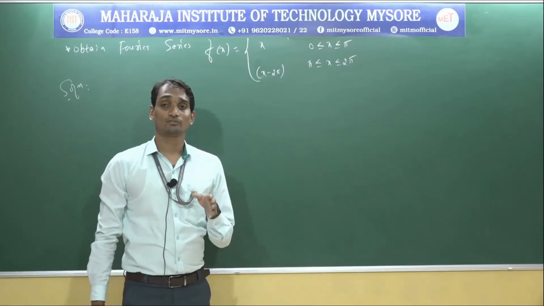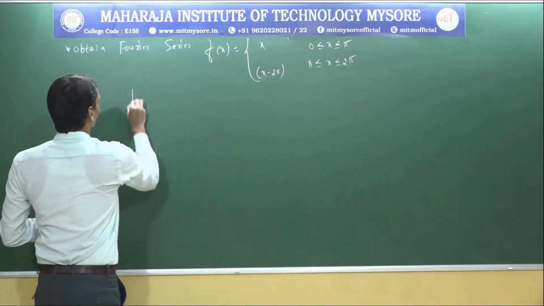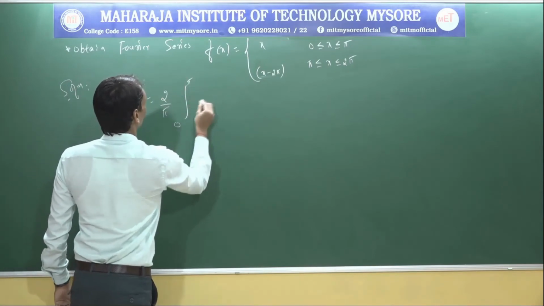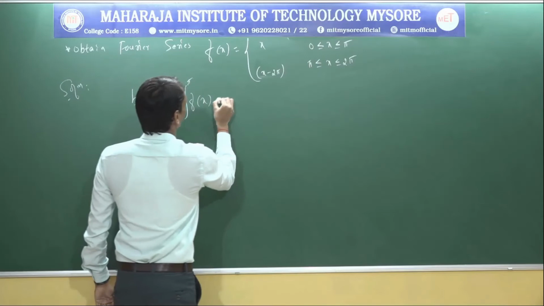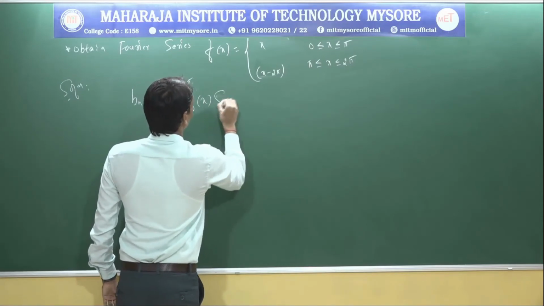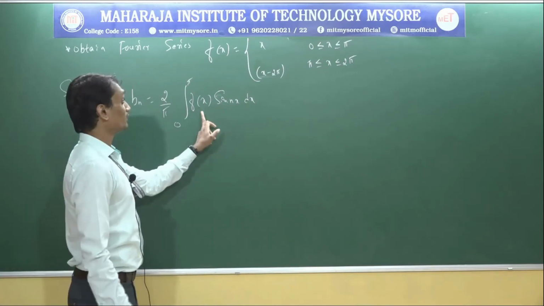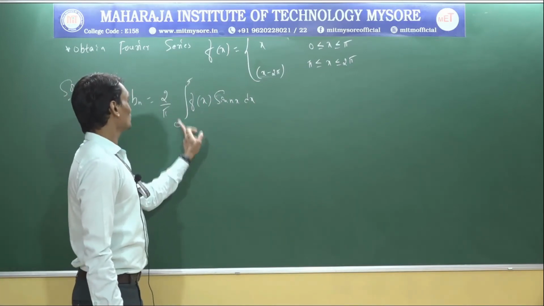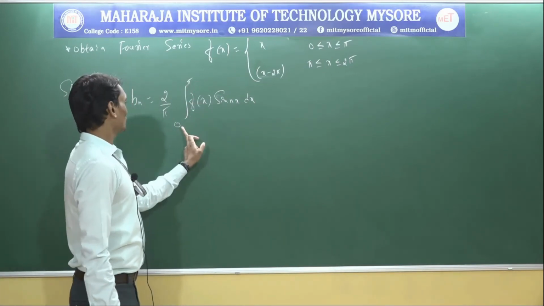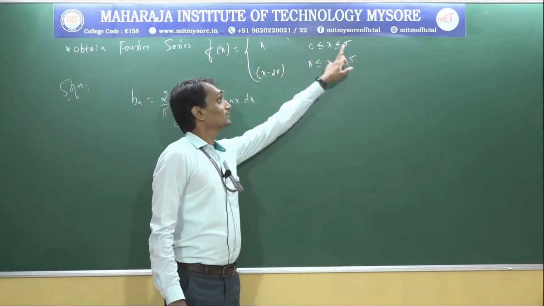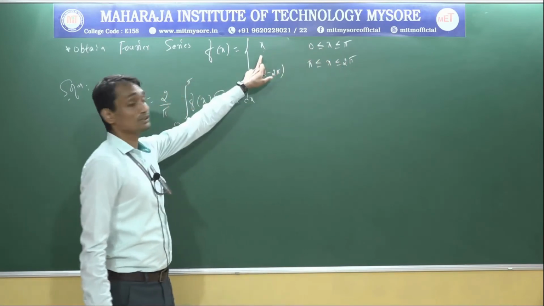Now the given function is odd, so the formula will be bn equal to 2 by pi integral 0 to pi f of x into sin nx dx. Here f of x, in the interval 0 to pi, is x.